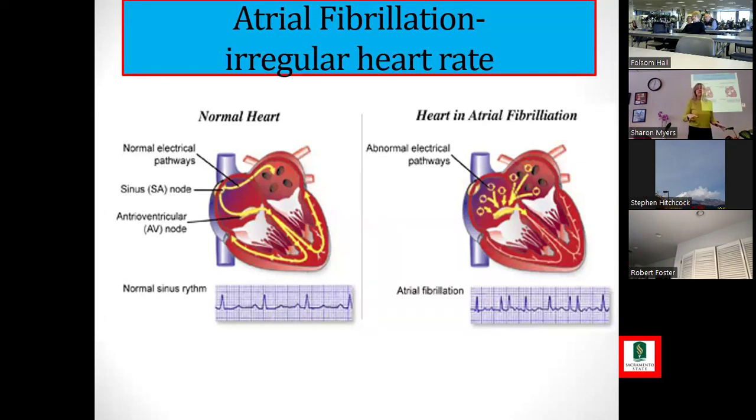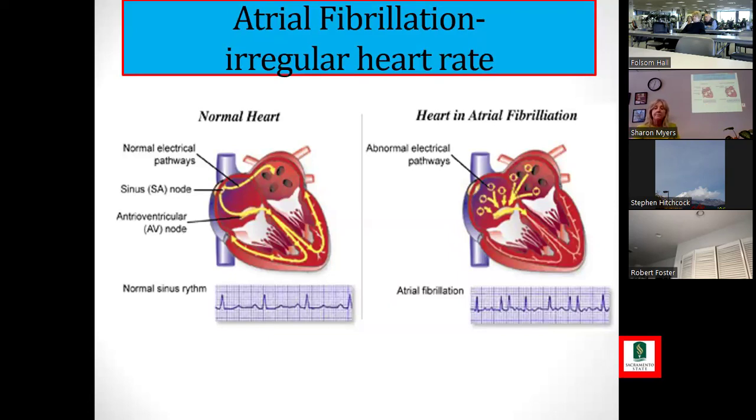Eventually one or two of them get to the AV node, and then the ventricles contract. So the ventricles are contracting pretty well, but everything is irregular because the message is getting through in an erratic way. So it's not synchronous. It's irregular.